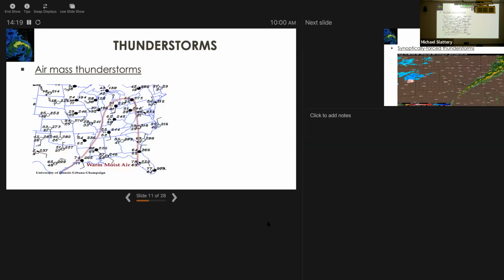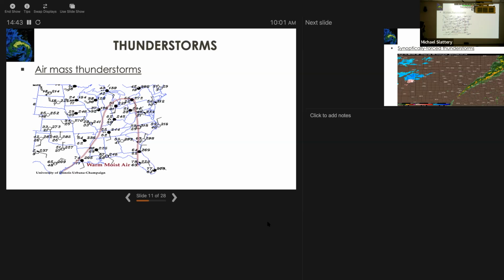We tend to group storms into one of two types, one of which we call air mass thunderstorms. And air mass thunderstorms are storms that develop in exactly that, warm, maritime, tropical air masses, right? So this is warm, moist air advected in from the Gulf of Mexico.